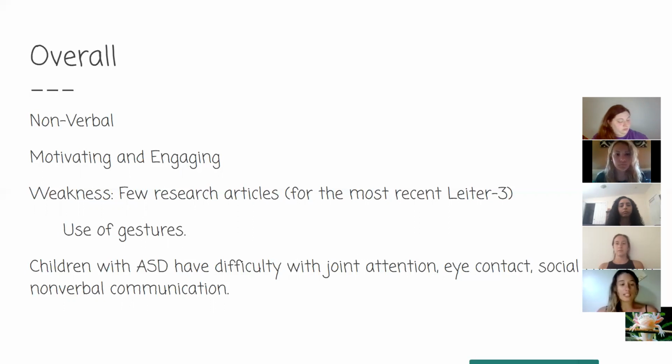Another weakness was the use of gestures, as it's helpful for those who are nonverbal. Children on the autism spectrum have more difficulty with joint attention, eye contact, social cues, and nonverbal communication, which is something for the administrator to think of when giving this test to somebody who has ASD, to make sure that they are able to gauge those gestures and respond appropriately.